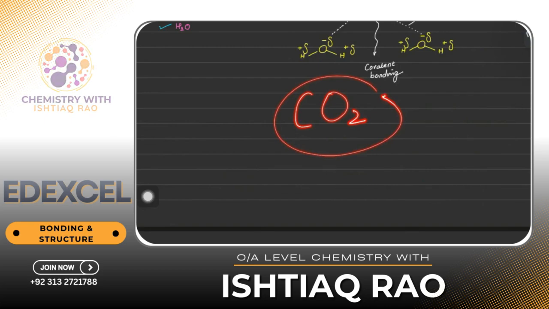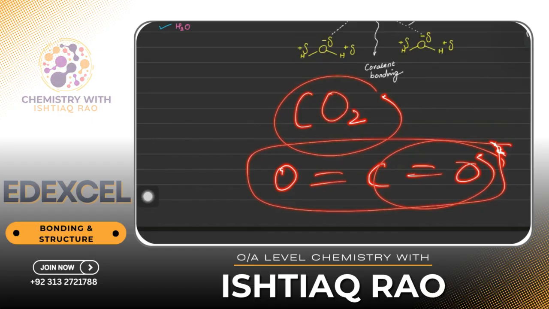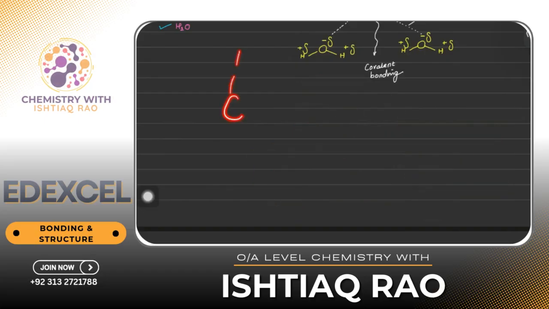But the bond is polar. Remember, I'm using two terms. The bond is polar due to the different elements, but the compound is non-polar because they are cancelling each other. The bond is polar, but the compound is non-polar. What if I have CH4?